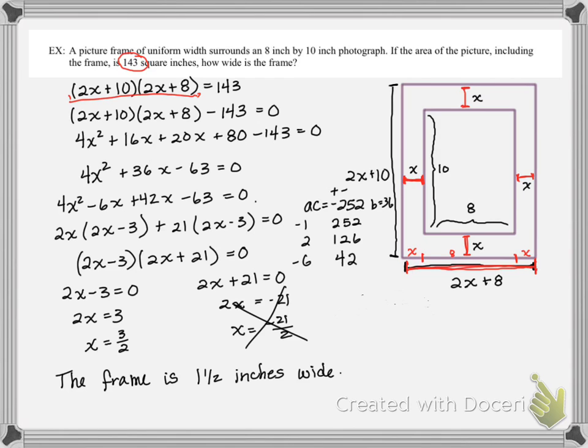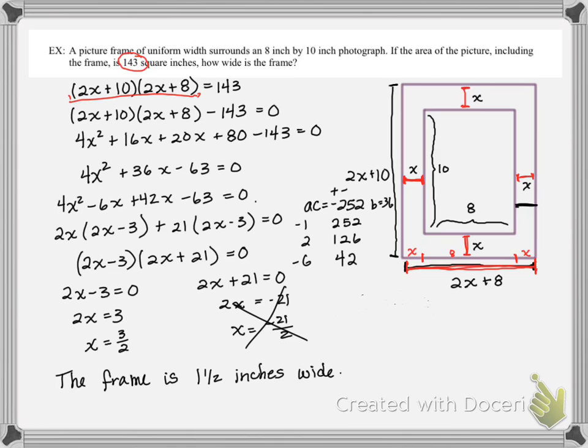But again, if I had wanted to know the width of the whole frame, I would set this problem up exactly the same way. So the reason that I made x this distance right here isn't because it's what I was looking for.